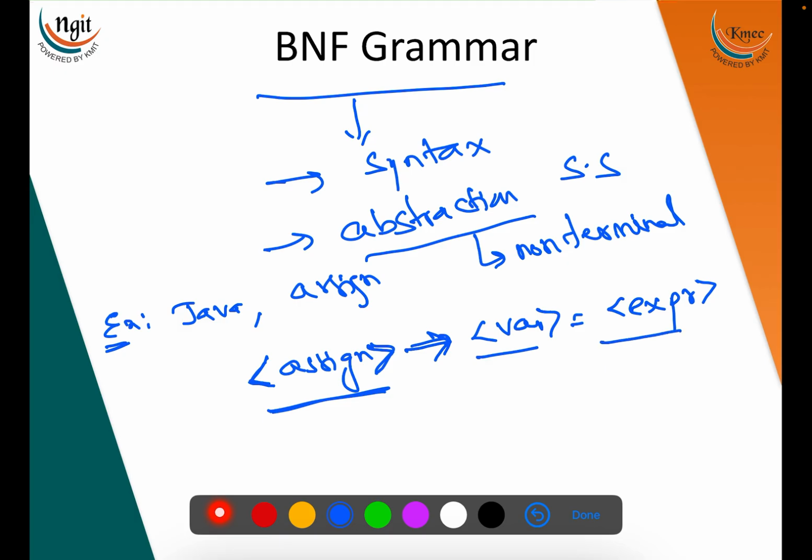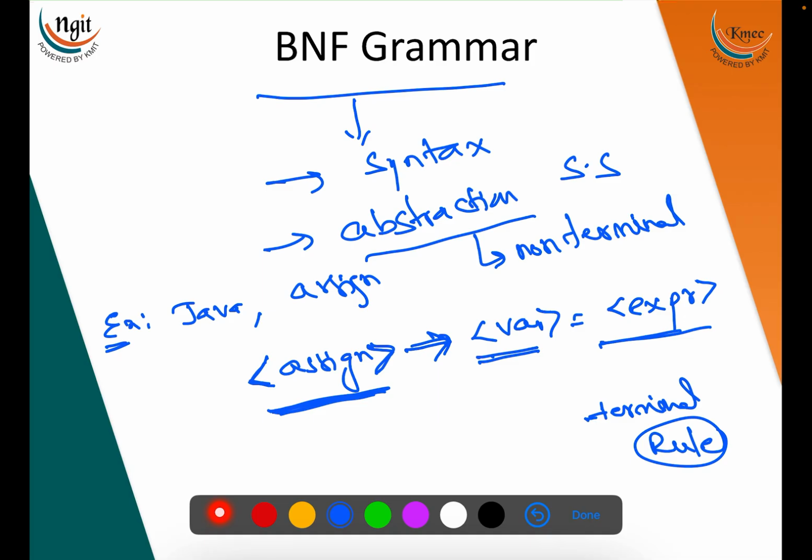And in the definition of this assignment you again found an abstraction. So an abstraction has to get defined until it finds terminal symbols in the rule. Okay, this is the general idea of BNF grammar.